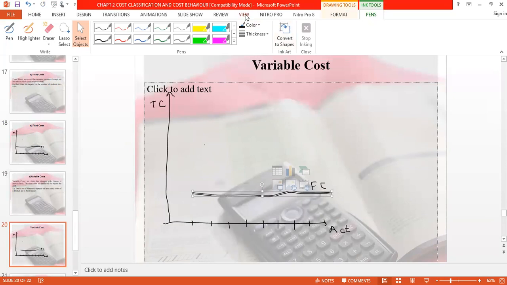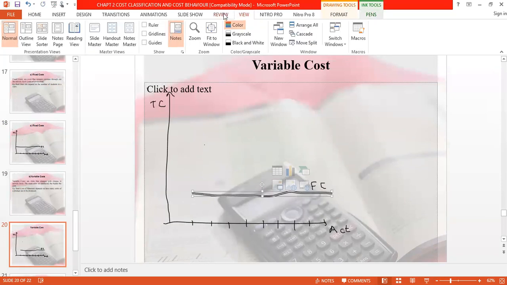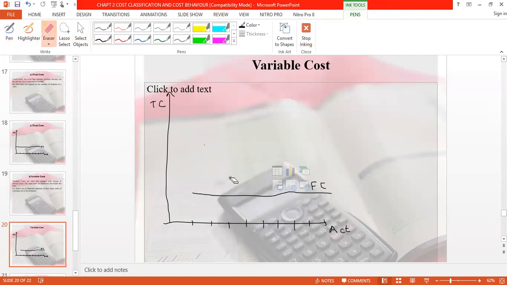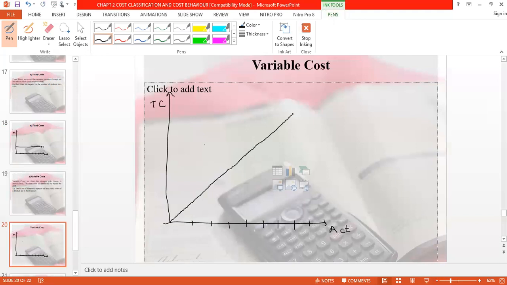That will not be an example of a variable. A variable cost will look like this. That will be an example of a variable cost.